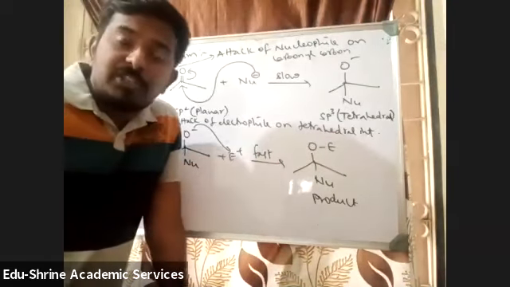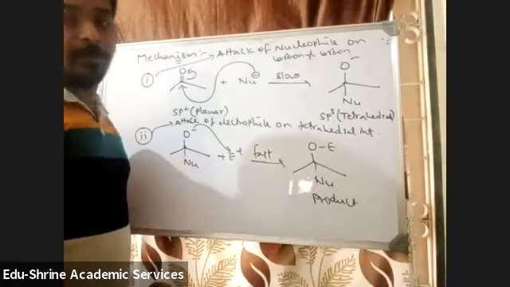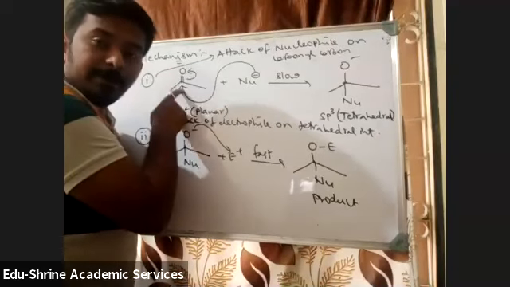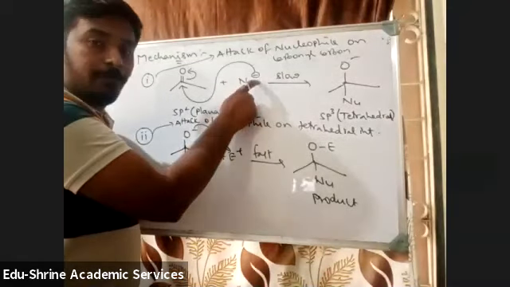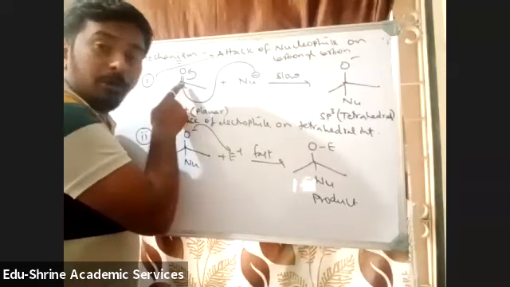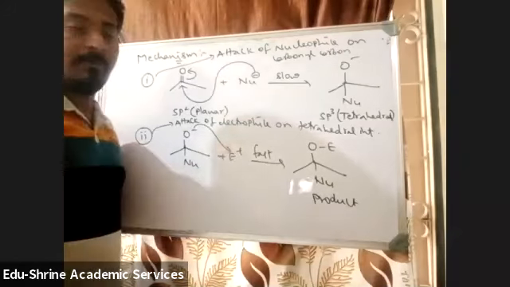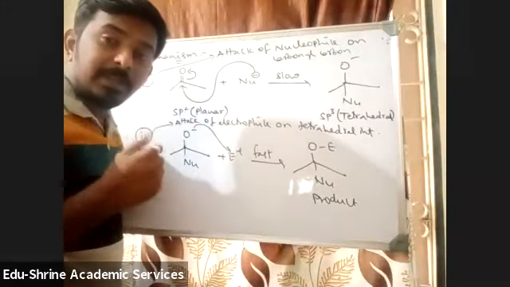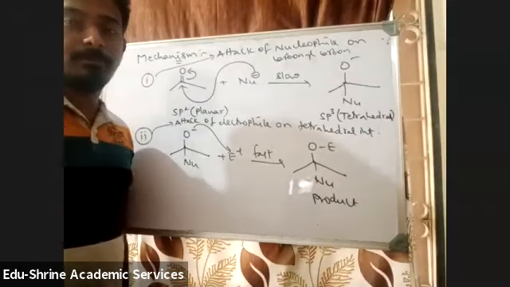Now see, students, which step is deciding the rate of the reaction? The first step is deciding the rate of reaction. Now the nucleophile is attacking this carbon atom. For the nucleophile to readily attack this carbon atom, must the electrophilicity on this carbon atom be more or less?